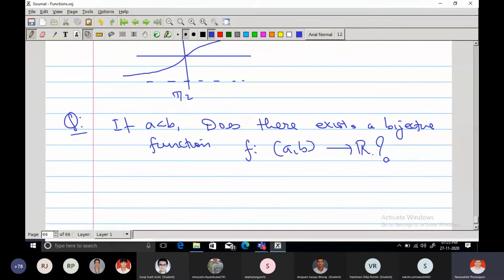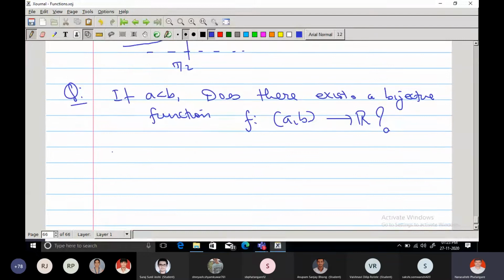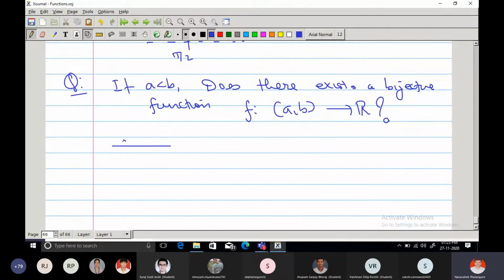So the process is, from our yesterday's discussion, we can observe that from ab to minus 1 to 1, does there exist a bijection from one interval to another interval? Yes, sir. And we know that there is a bijective function h from this to this. And can we combine this process?